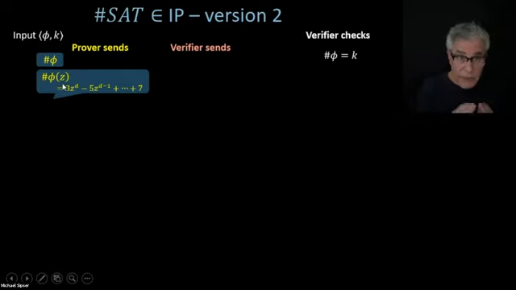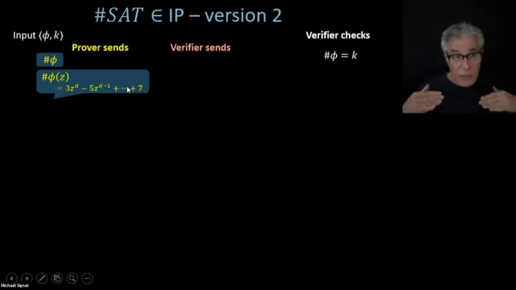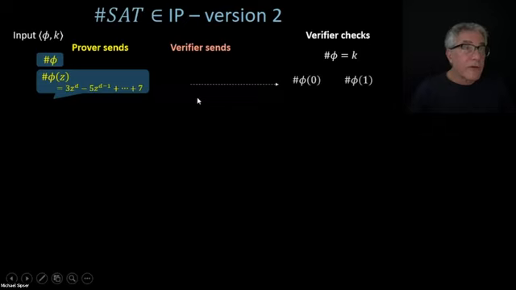Remember, this is just a polynomial in one variable. The degree is small, so there are not too many coefficients here. So this is just pretending this is what it might look like. And then from that polynomial, the verifier can plug in 0 and 1 and see that it adds up.